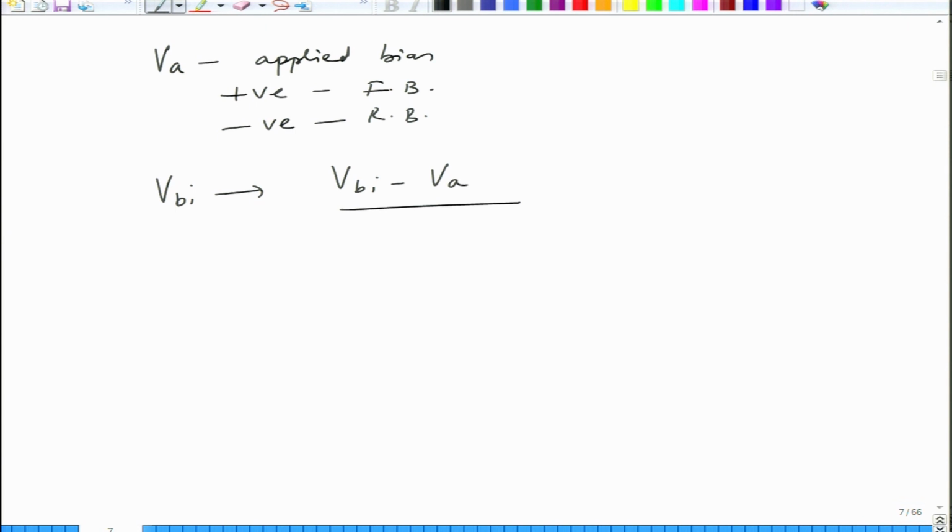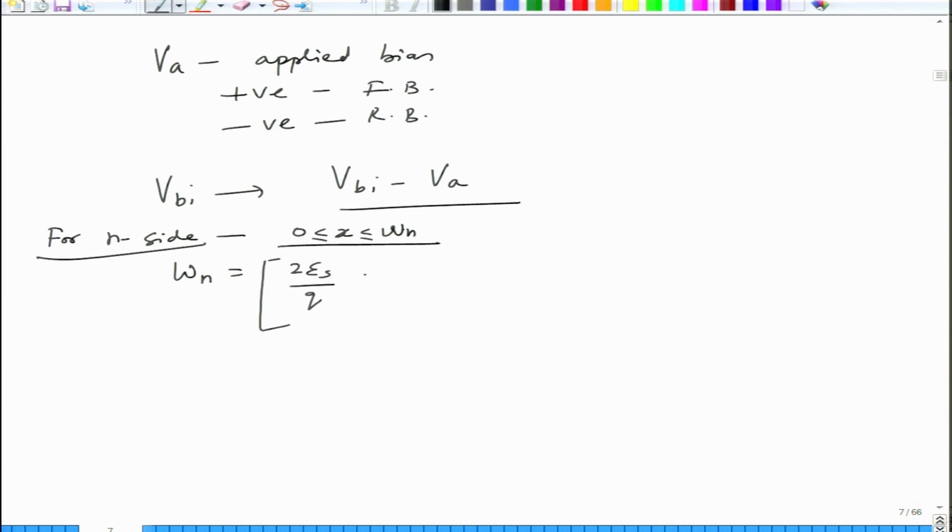So for the N depletion region, for x between 0 and Wn, Wn will become (2 epsilon s divided by q into (VBI minus VA) into Na divided by Nd into (Na plus Nd)) to the power half.